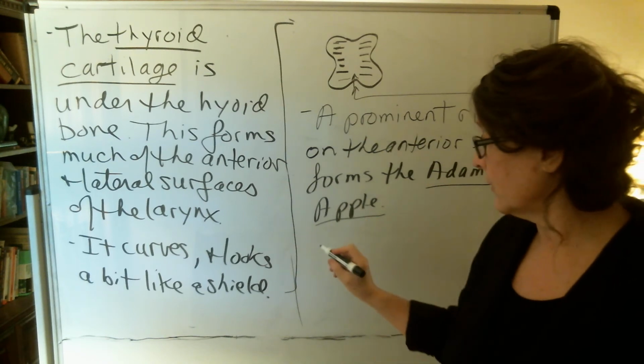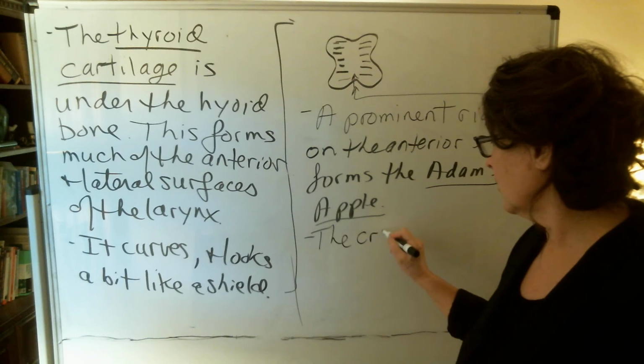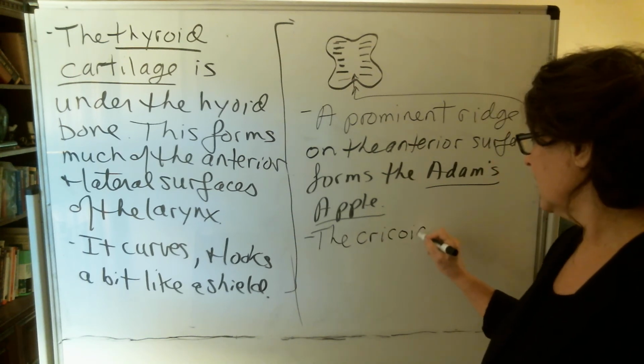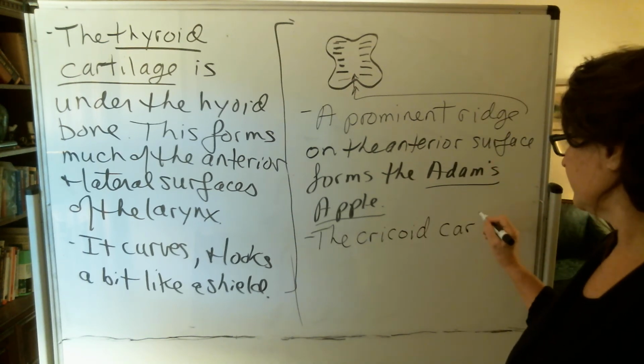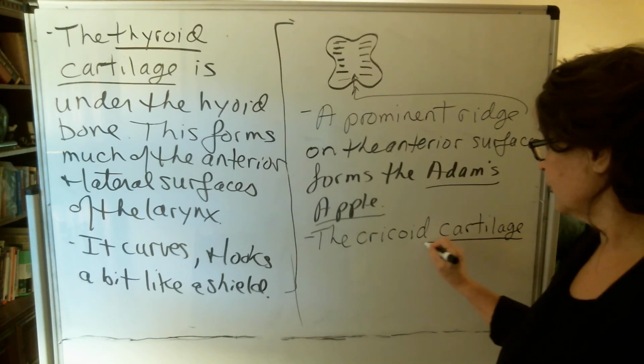I'm just going to talk about one other cartilage. I'm not going to talk about all of them. But there is also a cartilage called the cricoid cartilage.